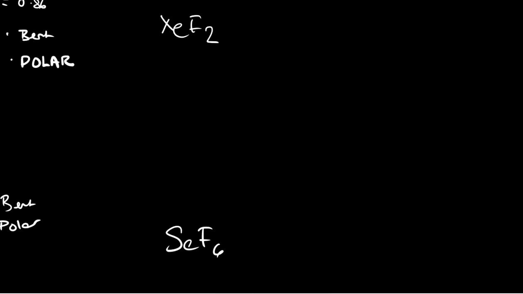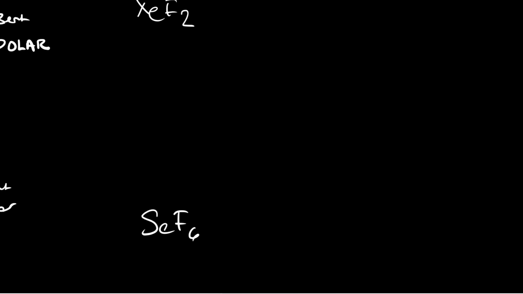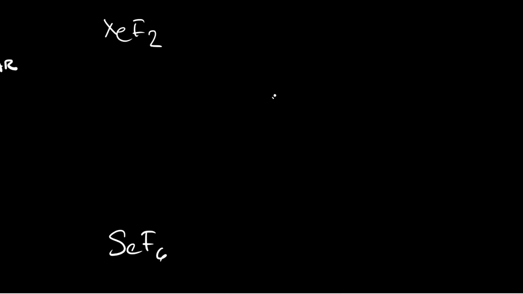Last two, probably not going to be on the quiz, but it's a little more advanced, I guess. Xenon right in the middle, fluorine on the sides. Okay, so xenon we know has 8. It is a noble gas, but this is where we talk about the expanded octet, which I don't remember what it's called.